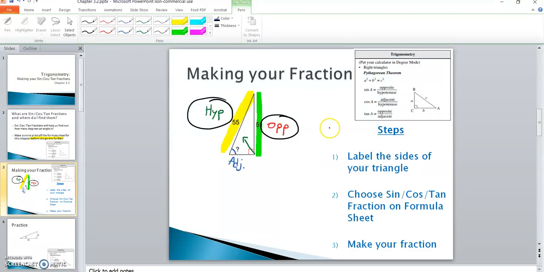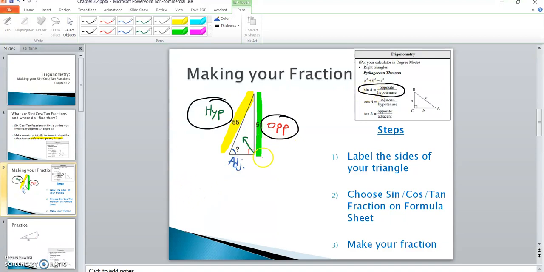So what we're going to do is look at our formula sheet and figure out which fraction has opposite and hypotenuse. So you can see from the formula sheet that sine A equals opposite over hypotenuse. So that is the one we're going to use.